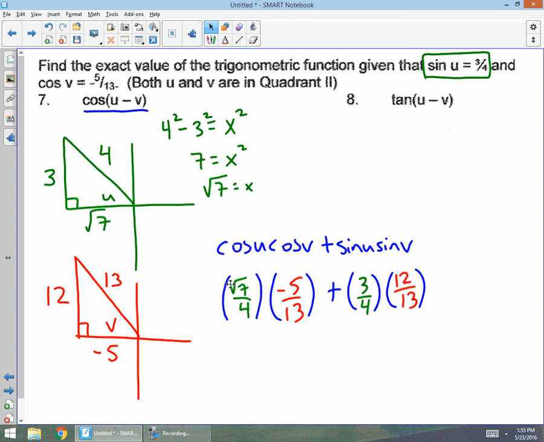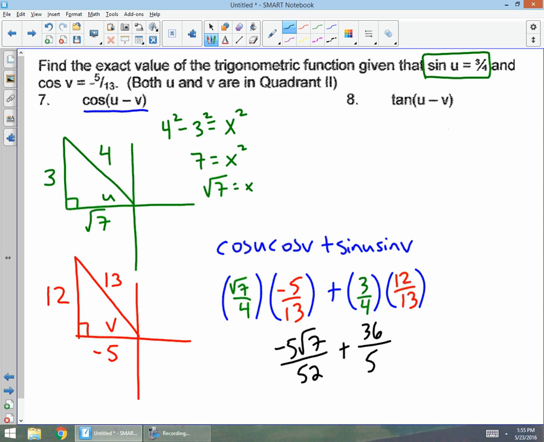So now we just have to multiply across and make common denominators if needed. But good thing is they already do it for us. Gives me -5 square root of 7 over 52 plus 36 over 52.